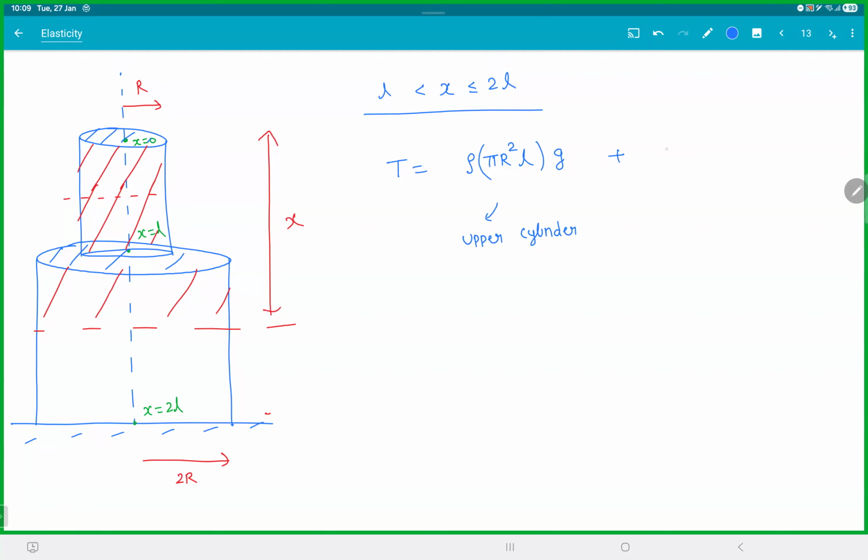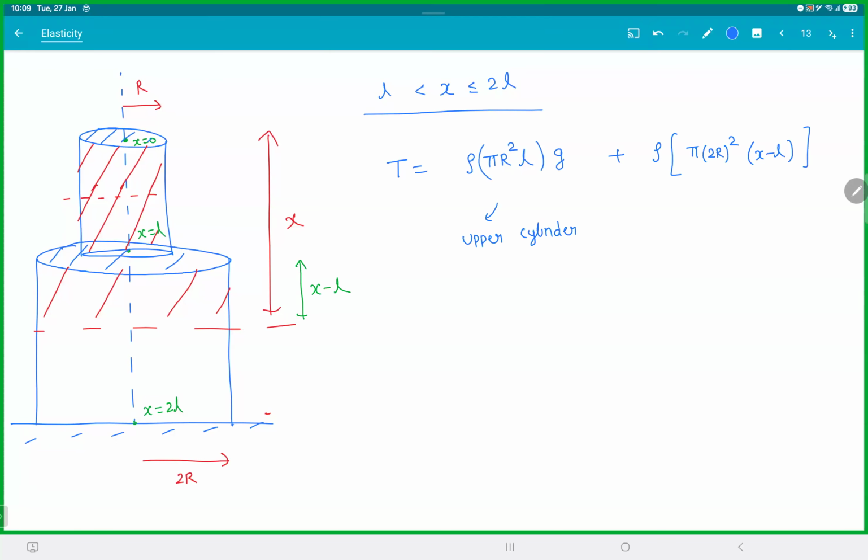Plus that extra piece, what will be this length? This extra piece will be x minus L. So that will be rho, the cross-sectional area will be pi into 2r whole square, into x minus L. That's for the shaded part there.